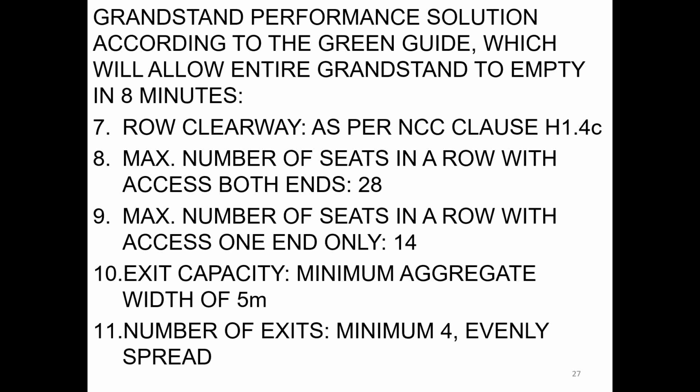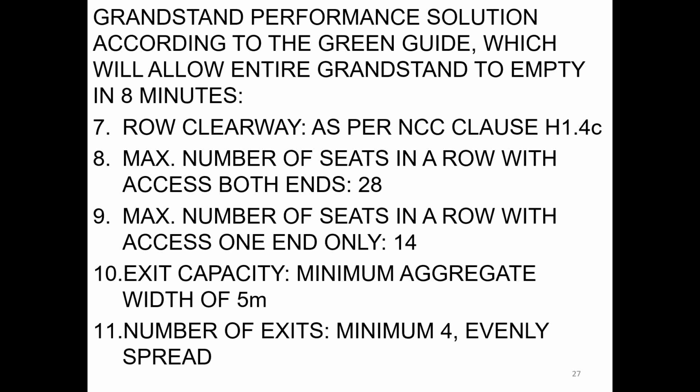With the exit capacity, what we are going to use is a minimum aggregate width of 5 meters. What this means is all the widths of the exits added up together have to be at least 5, and they can certainly be more.